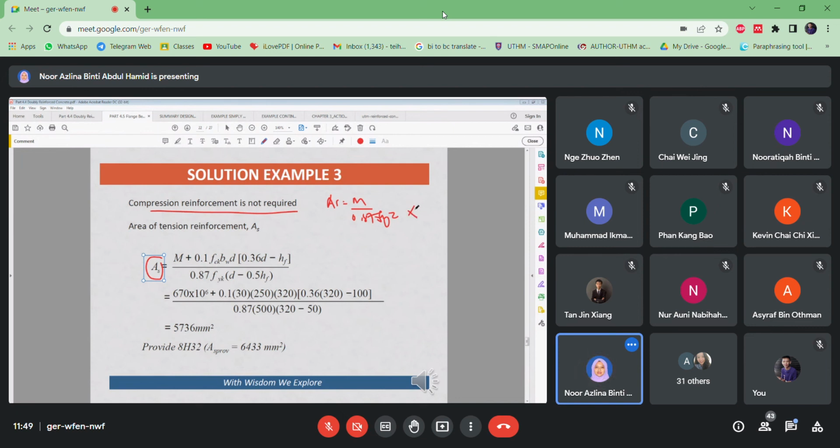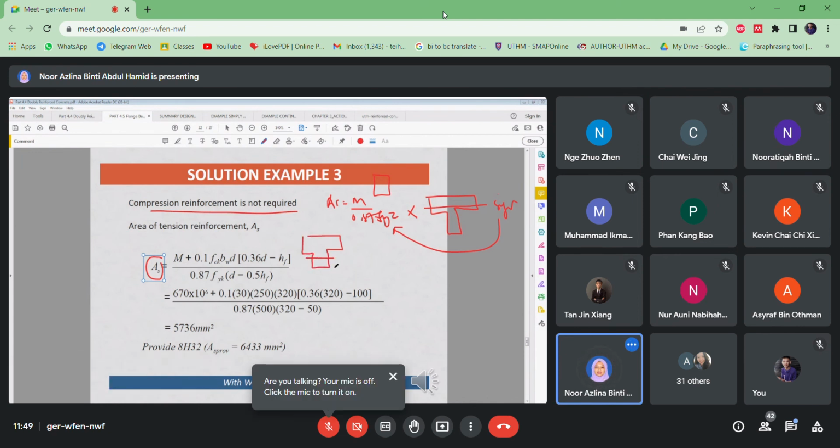This is for the first case that lies in the flange, where singly reinforced can just follow the equation of rectangles, you can use it. But once it lies in the web, but you just need to provide AS, you need to use these AS equations.